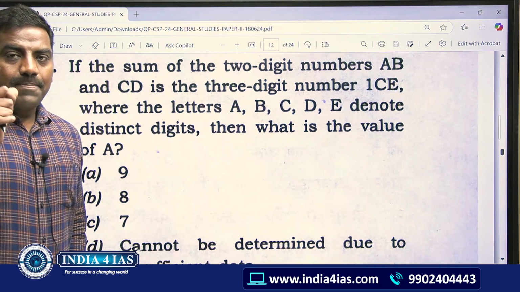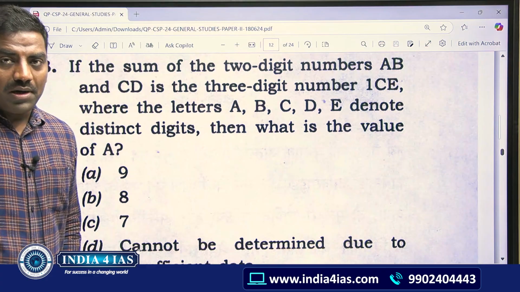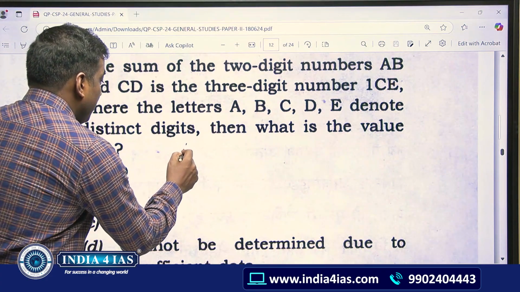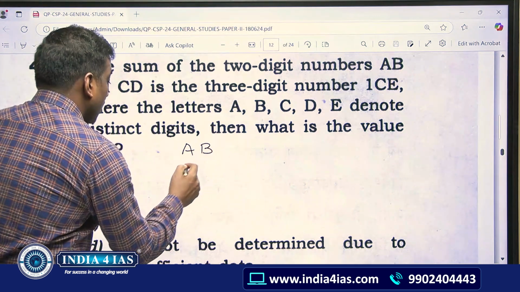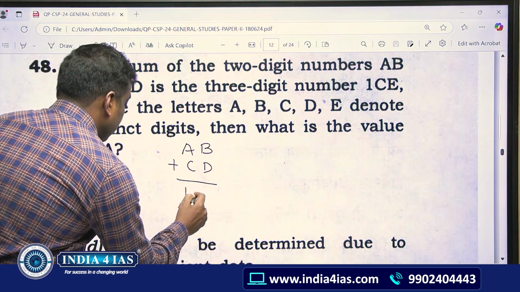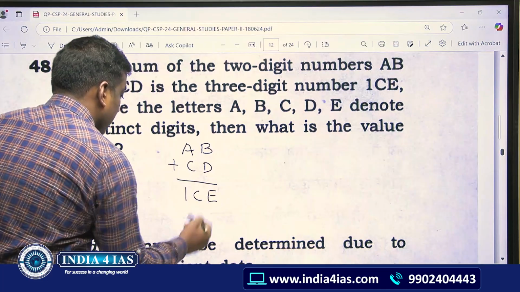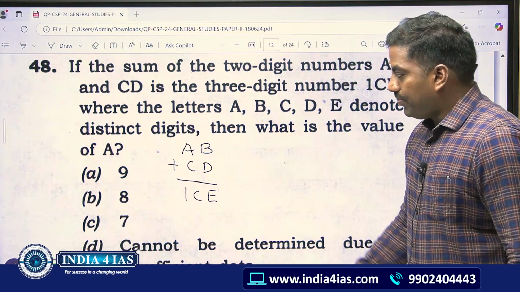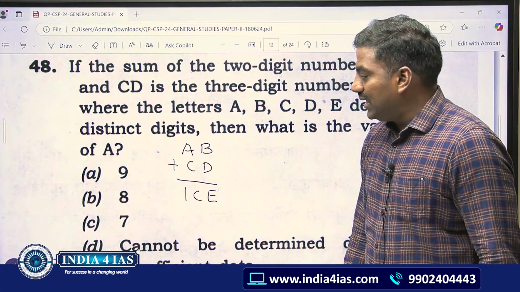They are the substitution for a number that we have to find out. So here they are telling AB plus CD, the answer is 1CE.